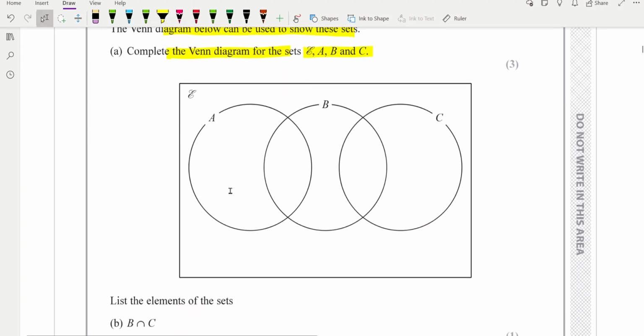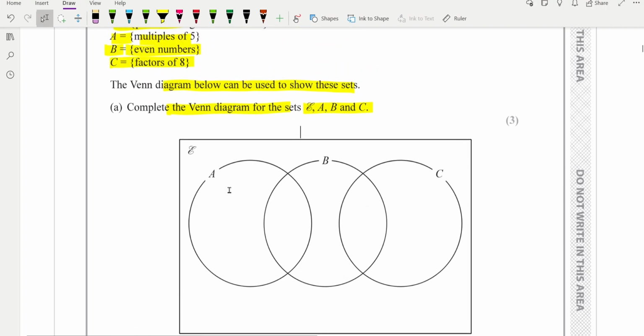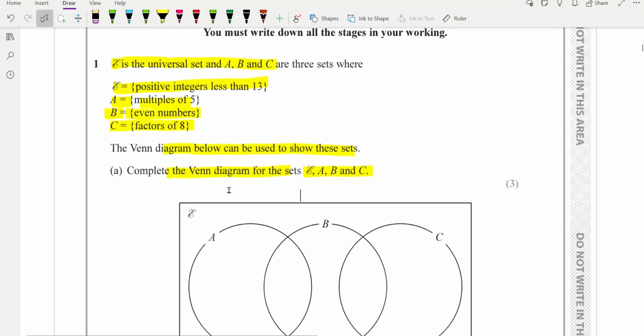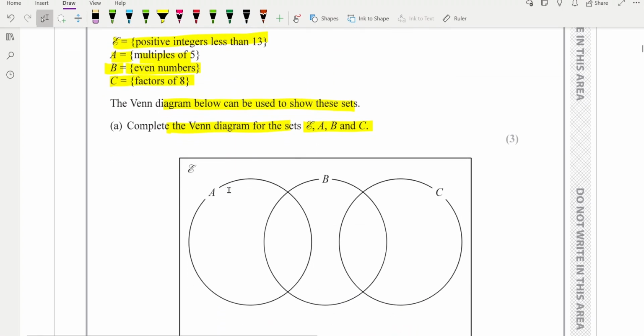So this Venn diagram is provided, and we know that A is the set of multiples of 5. The universal set is positive integers less than 13, so that will be 1, 2 and so on. From these members we will have to check.